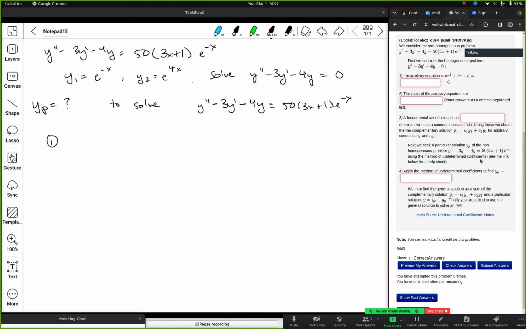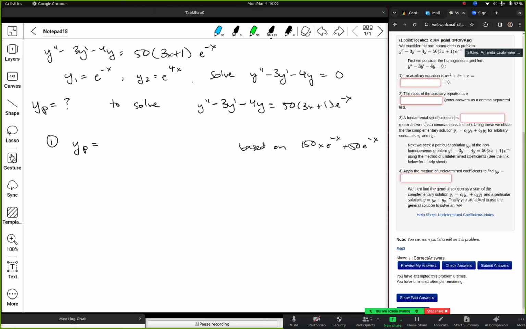So first off, I'm going to guess what y sub p should be based on what my right-hand side of the equation looks like. I think we usually call that f or g, but I can't remember right now. So if I multiply through this 50 times (3x plus 1) e to minus x, I've got 150x e to minus x from 50 times 3x, and then 50 e to minus x from 50 times 1.